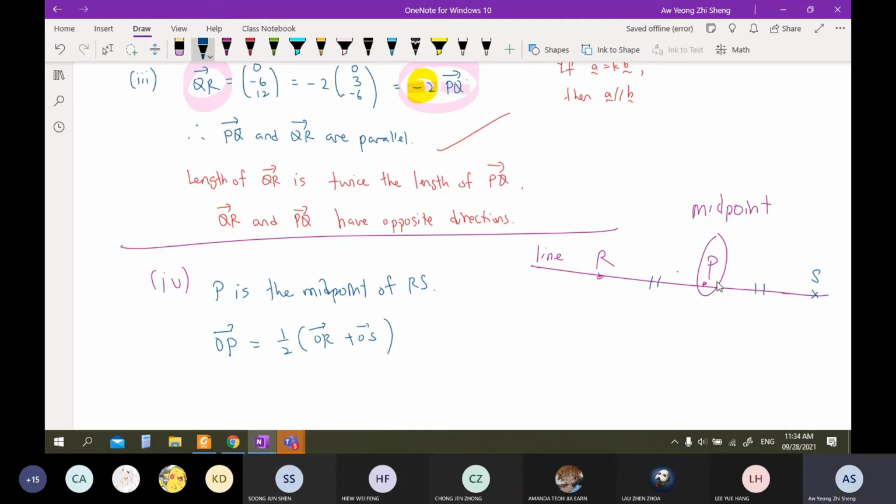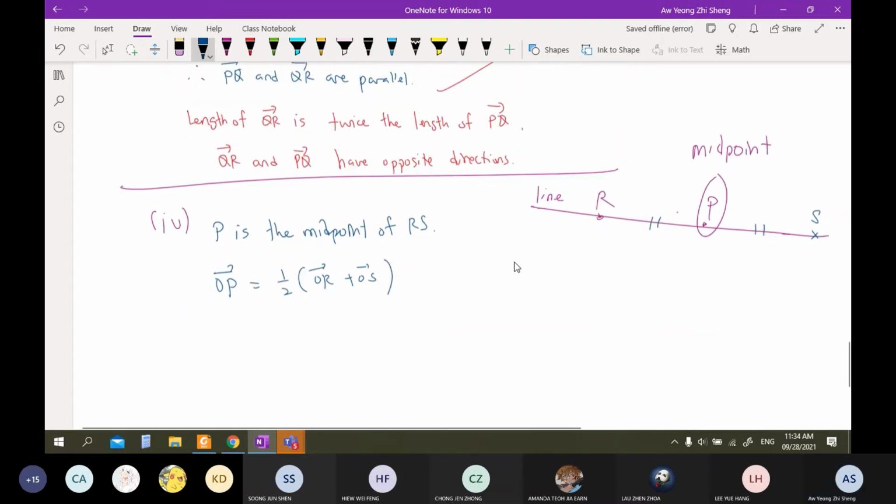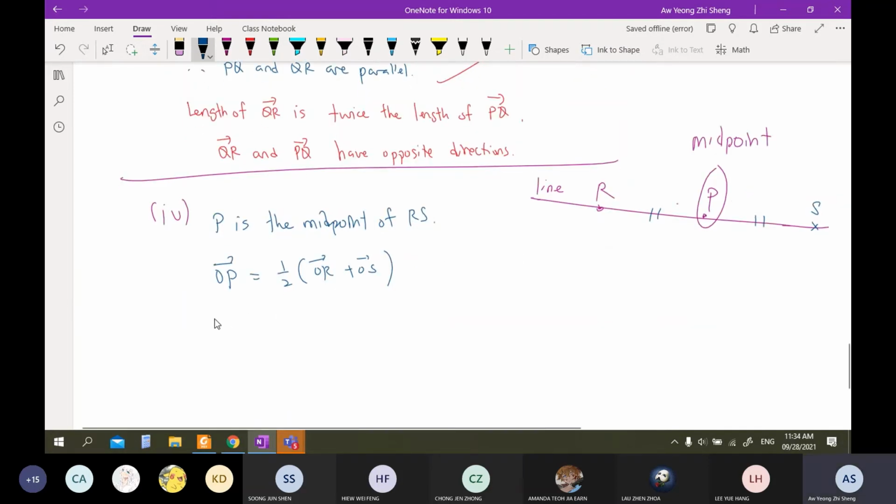The position vector of the midpoint is the average of the position vectors of the 2 points at the 2 sides. Then rearranging this, you have 2OP is equal to OR plus OS. What they want is actually the coordinates of S, so before that we need to find OS. So OS will be 2OP minus OR. And then now sub in the values.